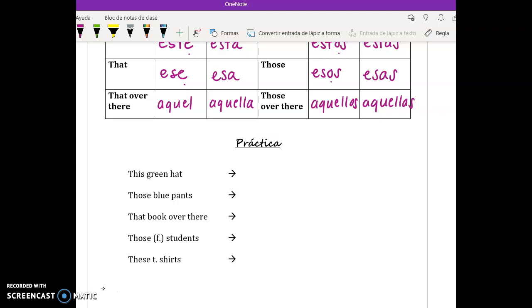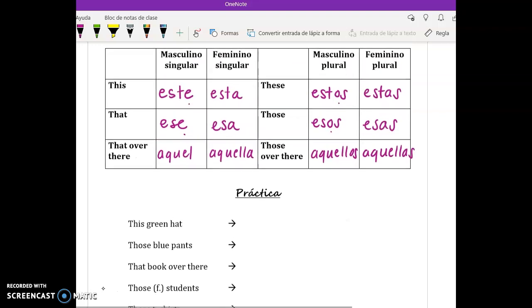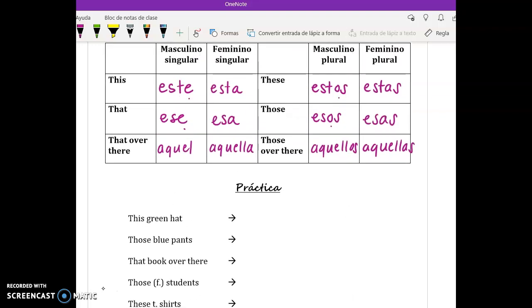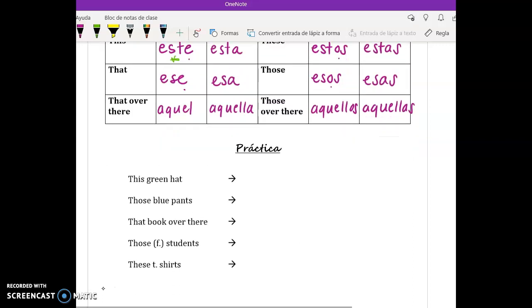So this green hat. First we're going to think about how do we say hat? We're going to use sombrero. And we're going to think, okay, sombrero is el sombrero, that's masculine, it's singular. So I'm going to look up here at my chart, and I'm going to use this because this is my masculine singular form, which is going to agree with sombrero. So I am going to say este.